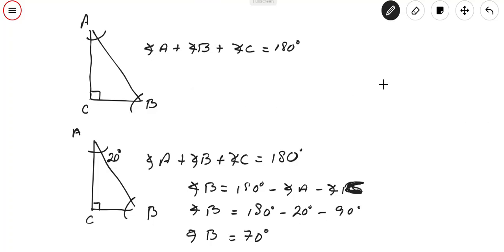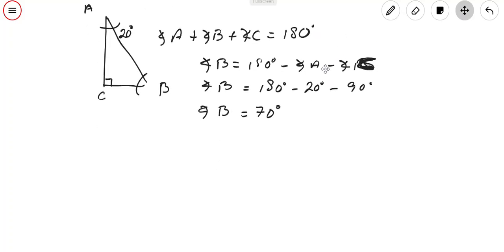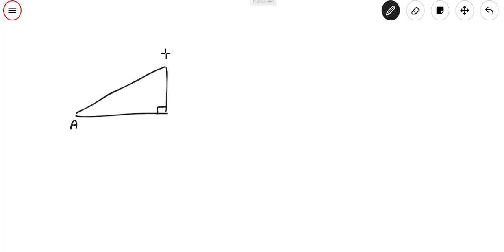Okay, now we're going to discuss the trigonometry ratios. So, as I was mentioning, suppose we have this right triangle here, with angles ABC or vertices ABC.